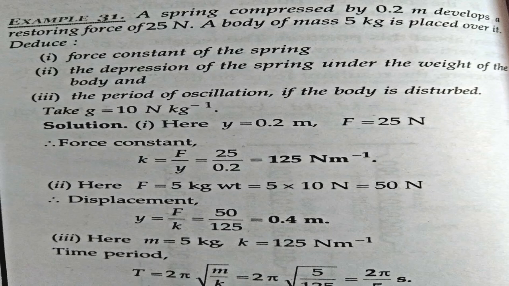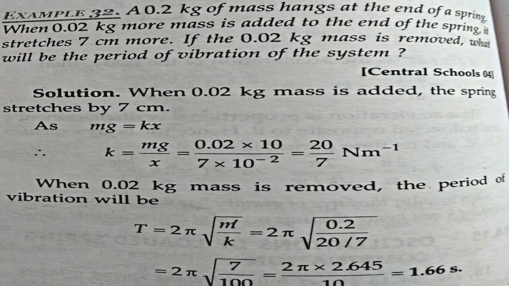Now we'll discuss another problem. A 0.2 kilogram mass hangs at the end of a spring. When 0.02 kilogram more mass is added to the end of the spring, it stretches 7 centimeter more. If the 0.02 kilogram mass is removed, what will be the period of vibration of the system?